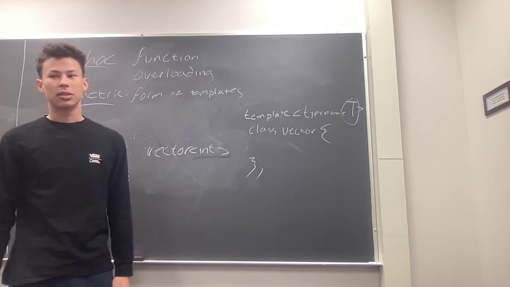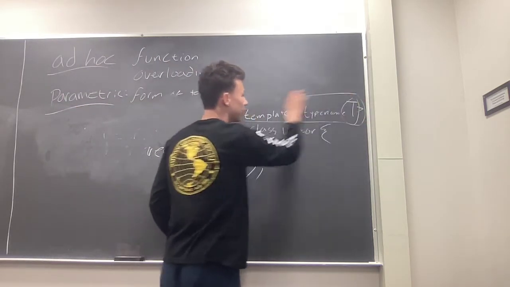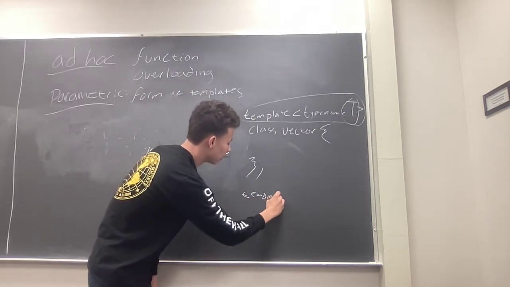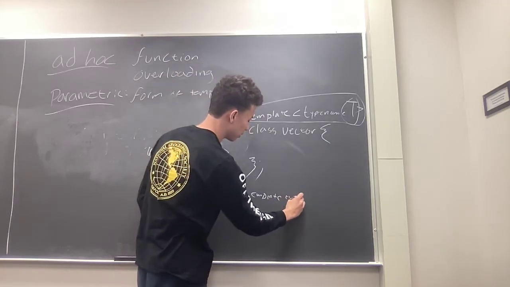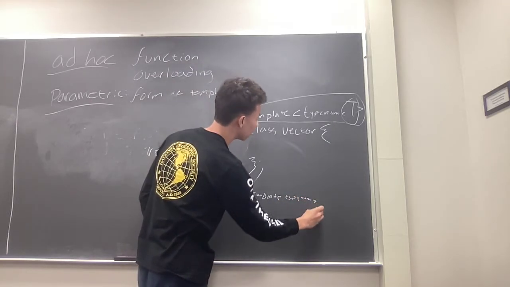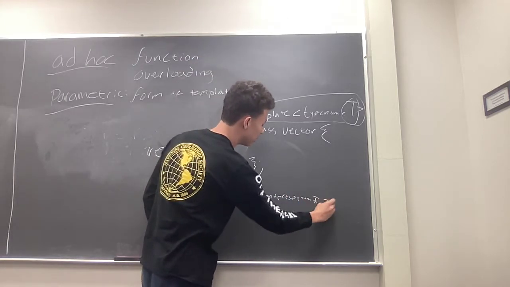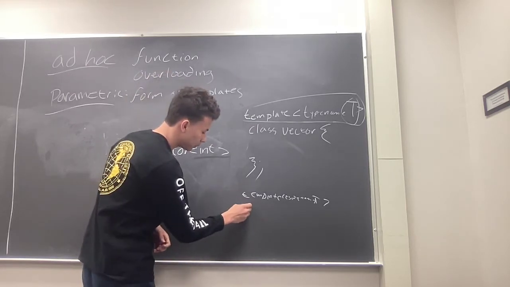And if you were to declare your functions outside of the class, you would just have to use the same syntax. You'd have to write template, typename T, and then you would define your function below.